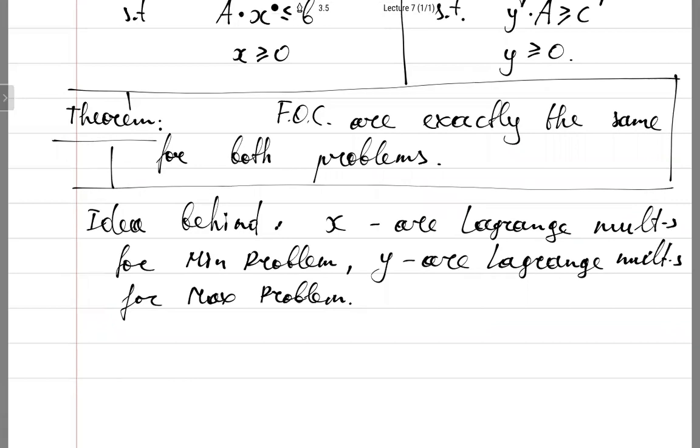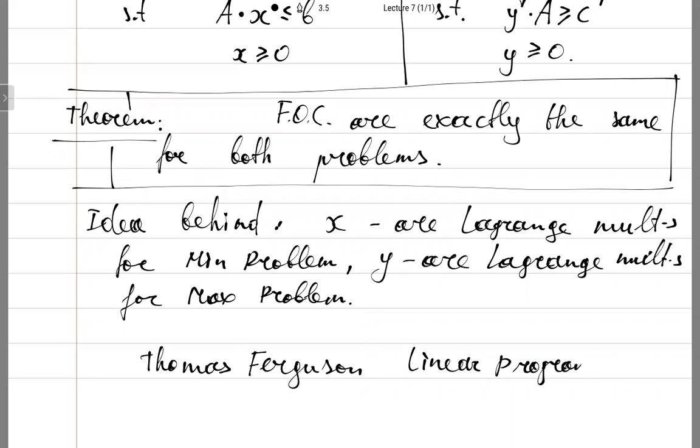You can just go and read some chapters from Thomas Ferguson. He has a very great style of writing books. They are very clear. Linear programming. It's called Linear Programming, a Concise Introduction.